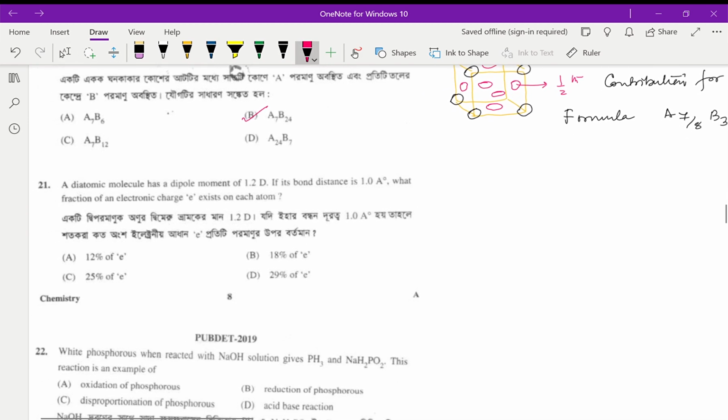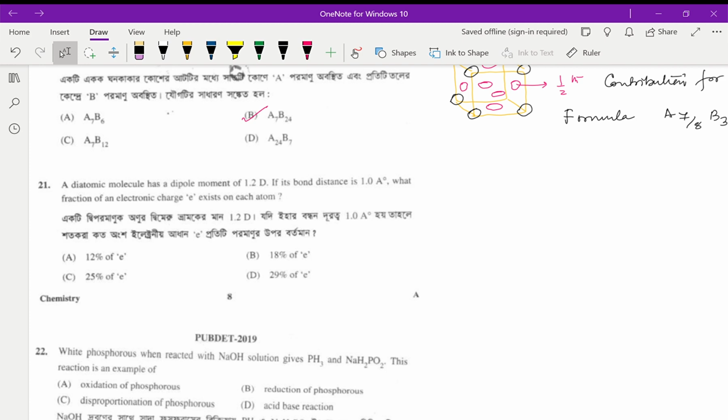Okay, the next question: a diatomic molecule has a dipole moment of 1.2 D if its bond distance is 1 angstrom. What fraction of the electronic charge exists on each atom?